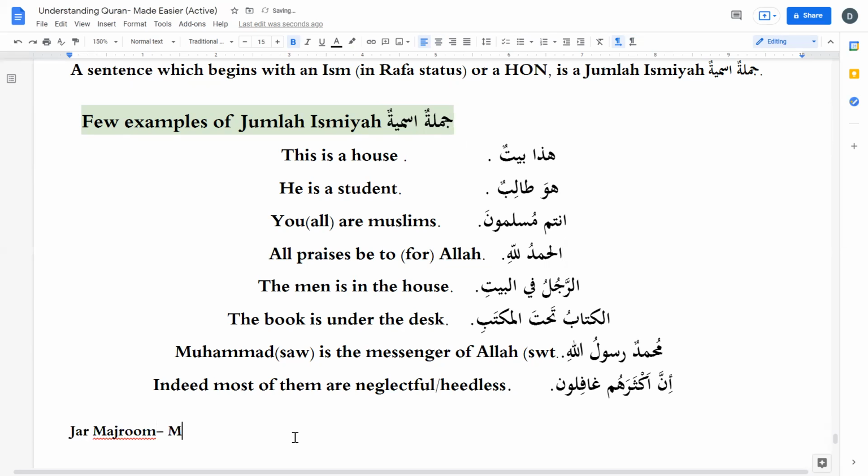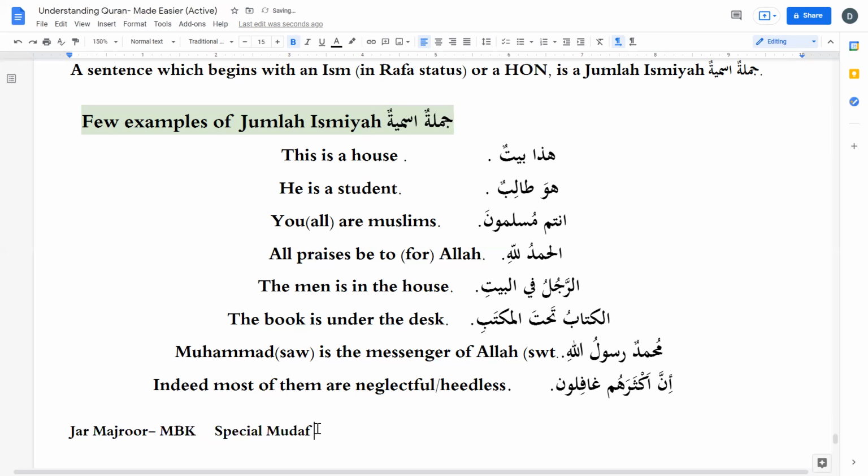Whenever you see a jar majroor fragment in a Jumlah Ismiyah, then it is MBK. And another time, if you see a special mudaf, remember special mudaf? Ata, faqa, mama, inda.